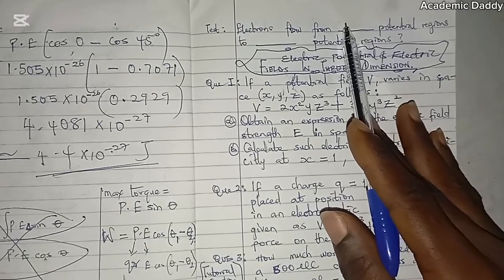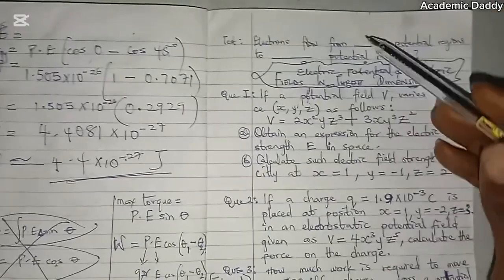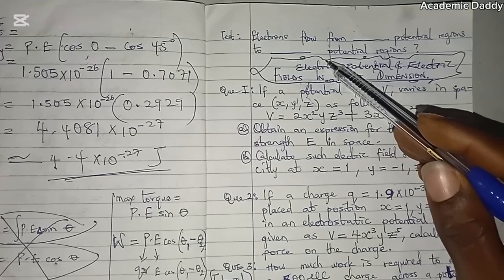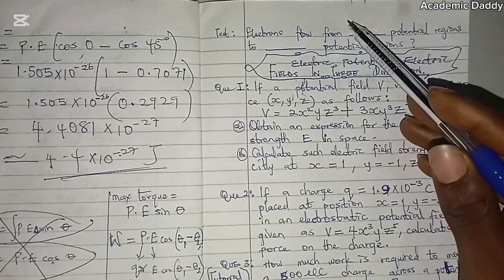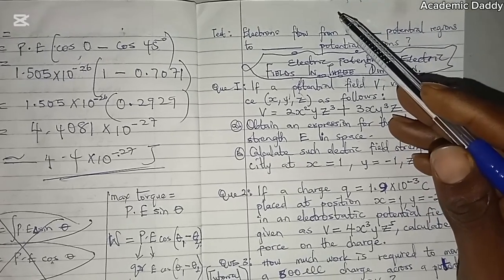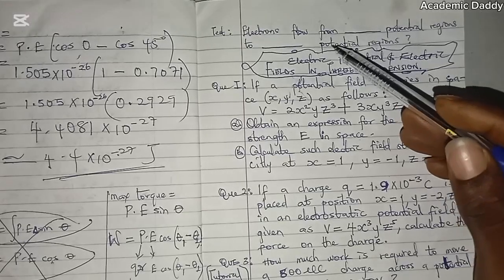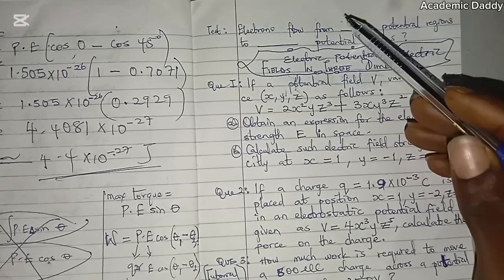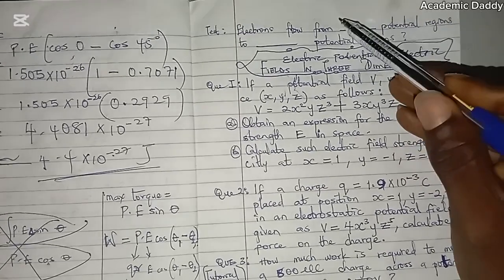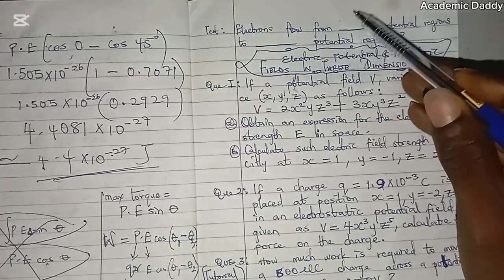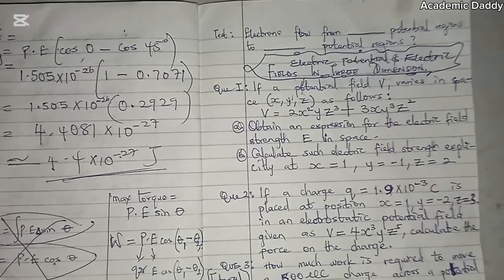That means if it is decreasing, it is having steepness, so it moves to the part that is steep. If something is adding, it's positive; if something is decreasing, it's negative.